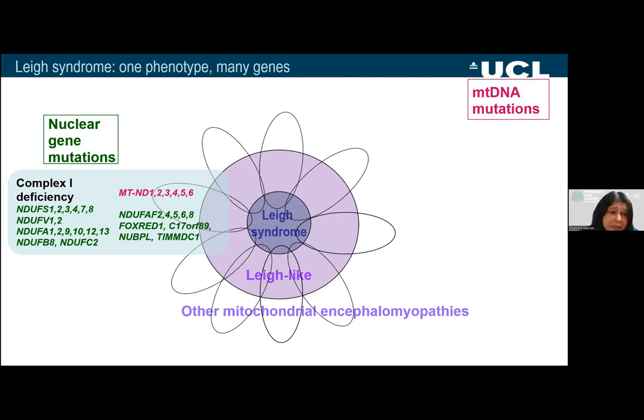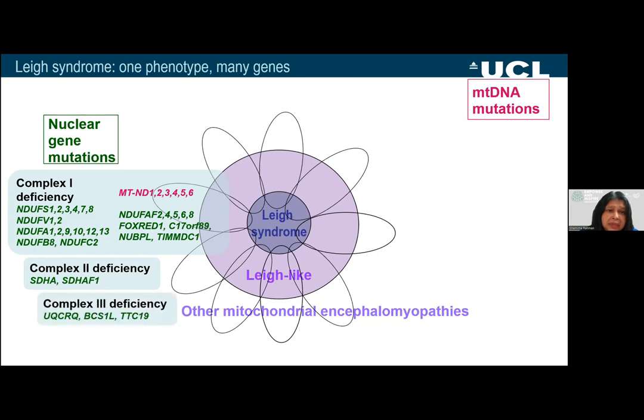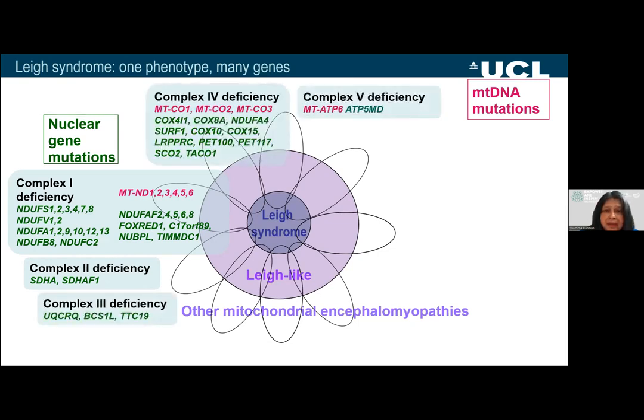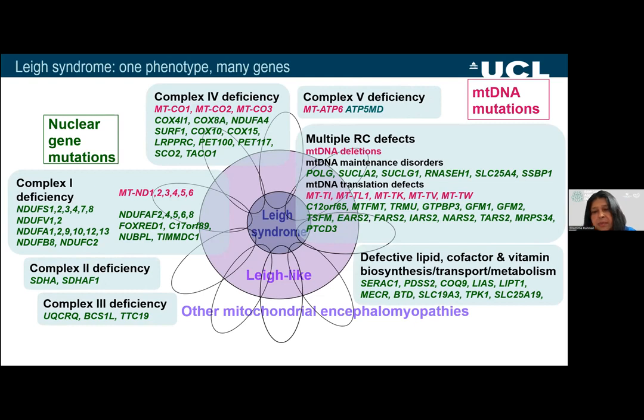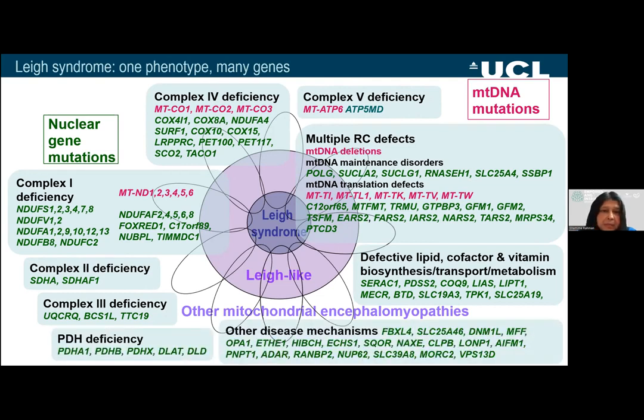Then we can have complex 1 deficiencies, 2, 3, 4, 5, multiple respiratory chain deficiencies, either because of problems with maintaining the mitochondrial DNA or with its expression, so translation and synthesis of mitochondrially encoded proteins, problems with the mitochondrial membrane lipids, cofactors, vitamins, pyruvate dehydrogenase, and with some miscellaneous other gene mechanisms that I don't have time to go into today.